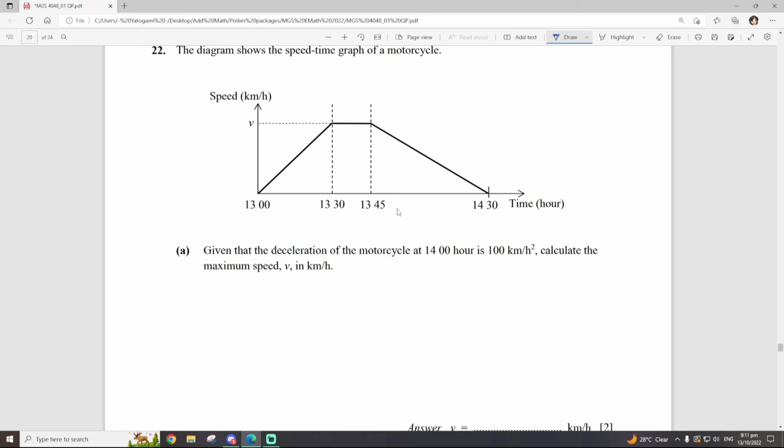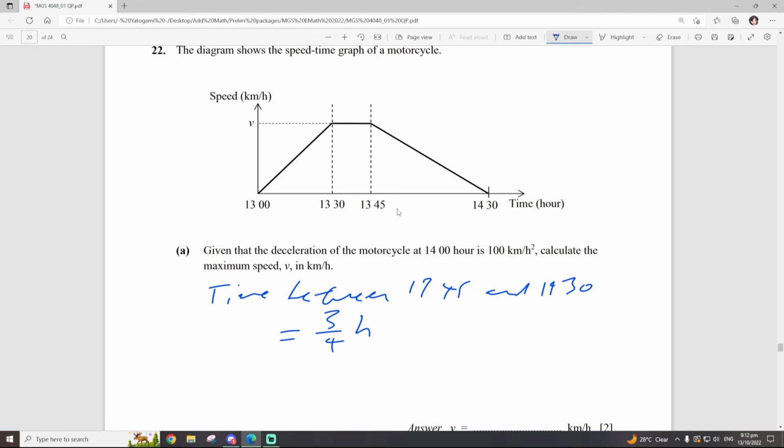So that is actually the total time. So time between 1345 and 1430 is actually 3/4 of an hour.